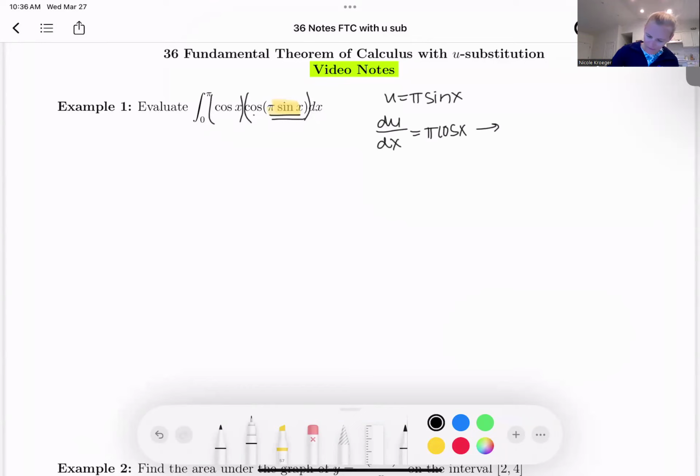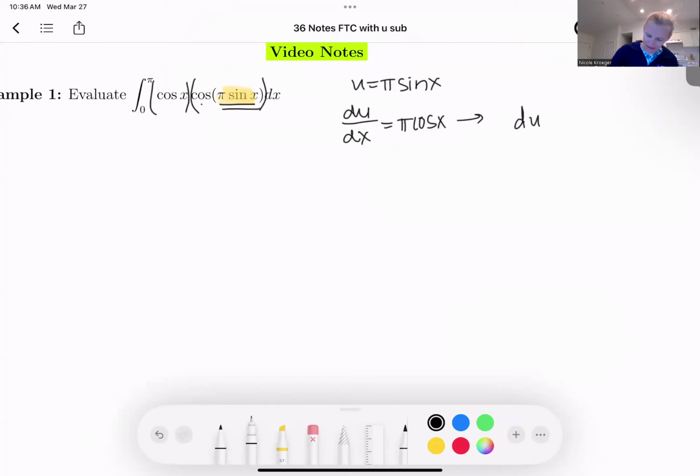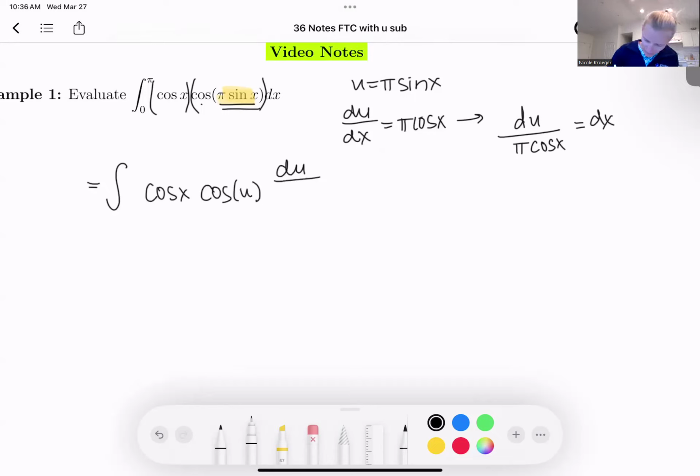And if I multiply both sides by dx and then divide everything by pi cosine of x, I'll get something like this. So if I rewrite my integral, I'm going to save the bounds for just a second. I'm going to get cosine of x times cosine of u times du over pi cosine x.